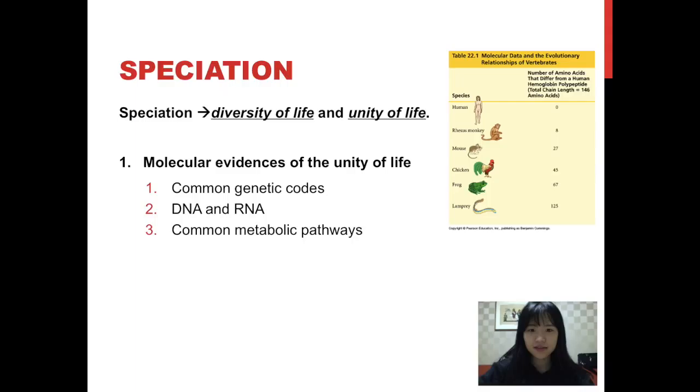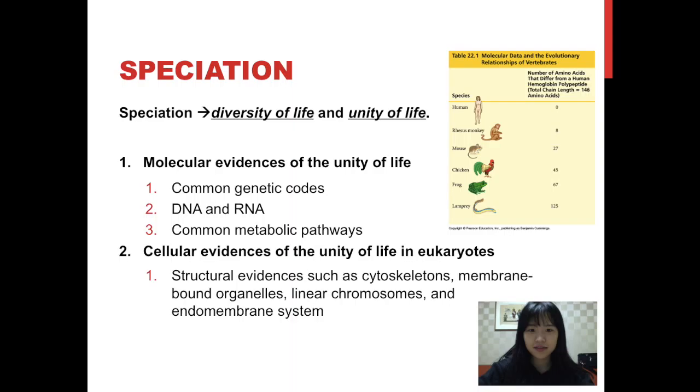DNA and RNA are carriers of genetic information through transcription, translation, and replication. Metabolic pathways are conserved across all currently recognized domains. Second, the cellular evidence of the unity of life in eukaryotes. The structural evidence supports the relatedness of all eukaryotes, such as cytoskeletons, membrane-bound organelles, linear chromosomes, and the endomembrane system.